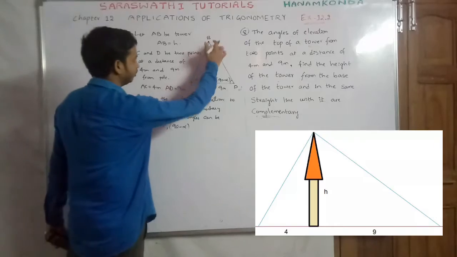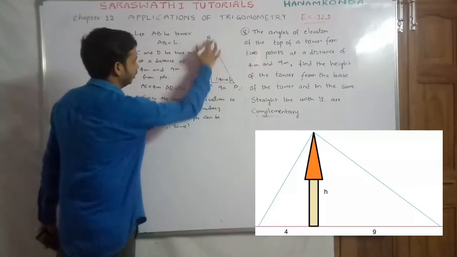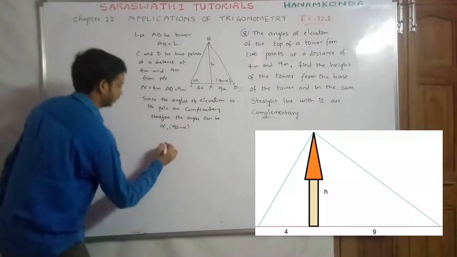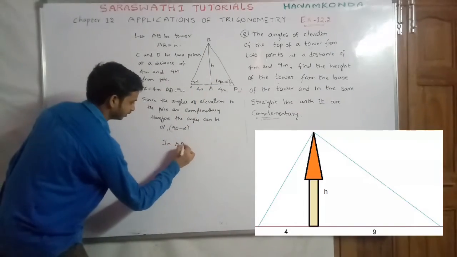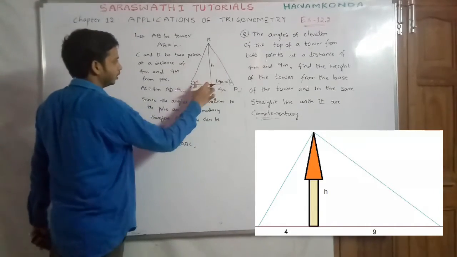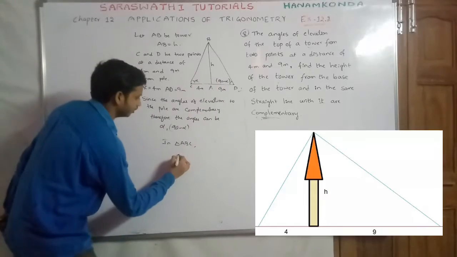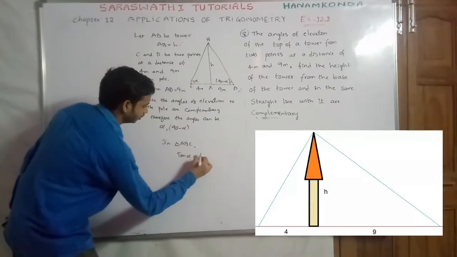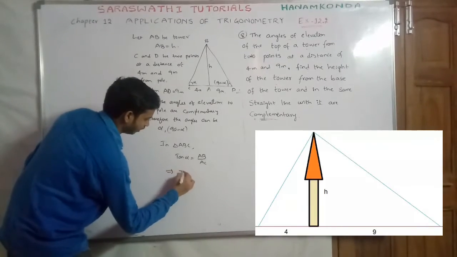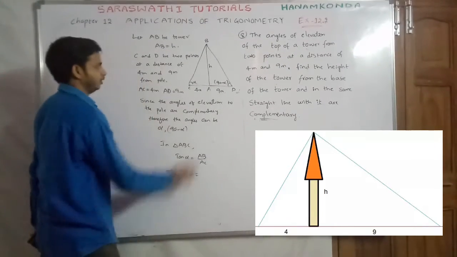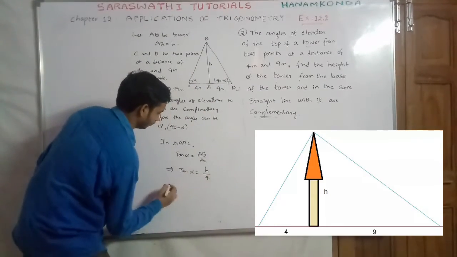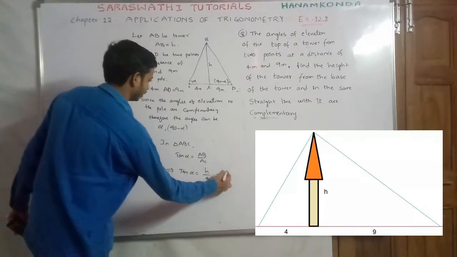So now we are obtaining two triangles, triangle ABC and triangle ABD. First consider triangle ABC. In triangle ABC, tan alpha equals opposite by adjacent, that means AB by AC. So tan alpha equals AB by AC, which is h by 4. Let us take this as the first equation.